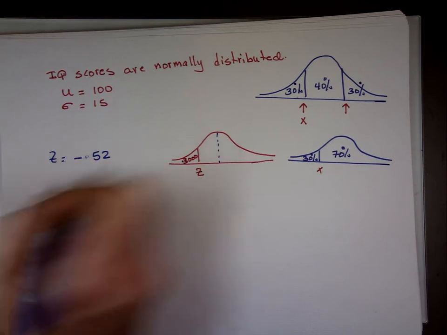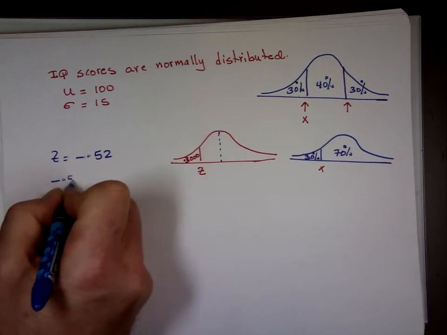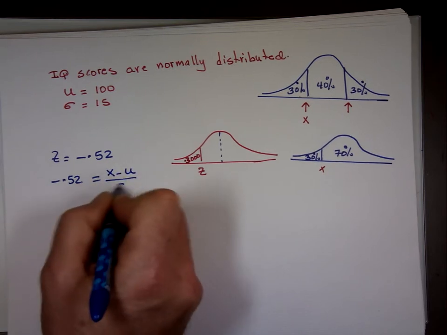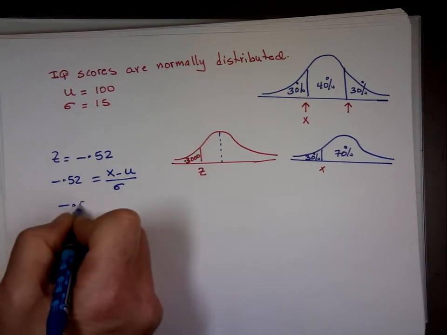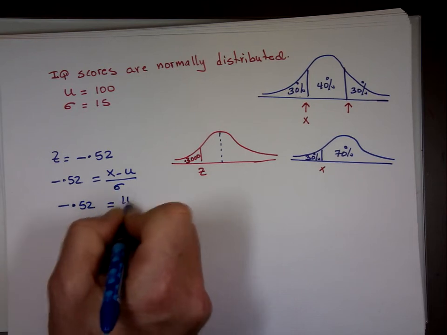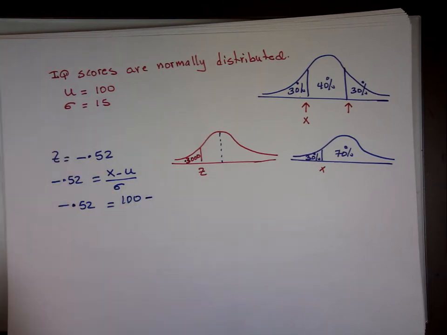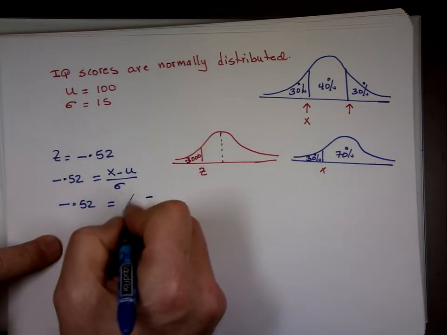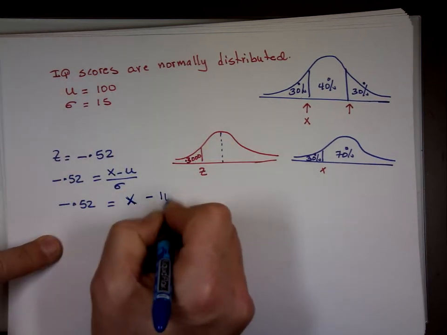So negative 0.52 is equal to the x value minus mu over sigma. Oh, x, not 100. X minus 100 divided by 15.